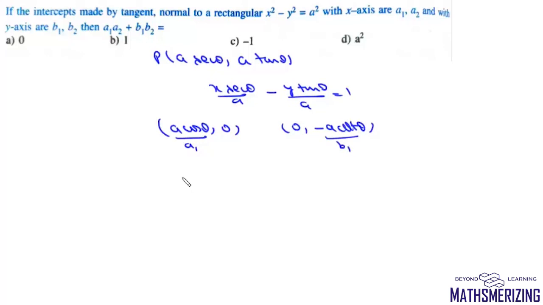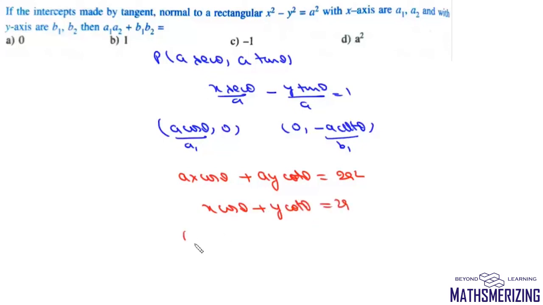Now the equation of the normal is given by ax cos theta plus by cot theta, b again is a, so it will be ay cot theta and it will be equal to 2a square. So we'll get this equation as x cos theta plus y cot theta equals 2a. So in this case, intercepts are 2a secant theta and 2a tan theta, and that's your A2 and B2.